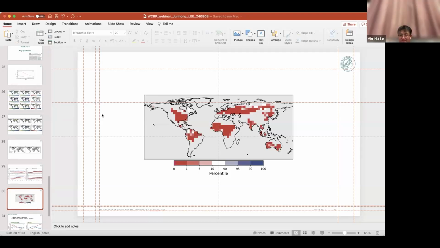Okay, and the next question from Jun is about how Guillod in 2015 shows this positive temporal coupling.